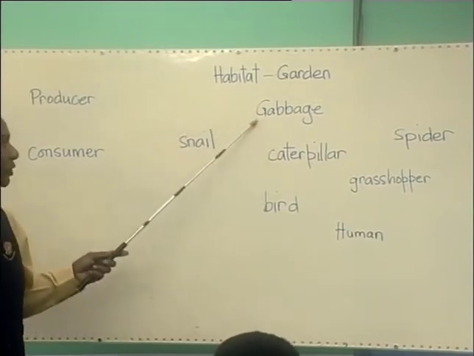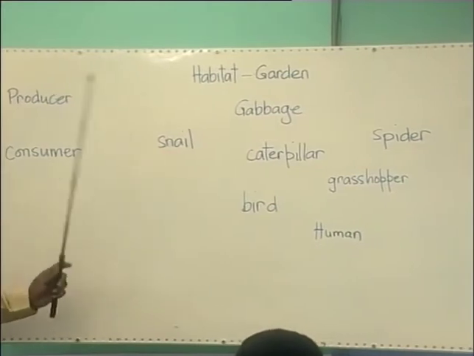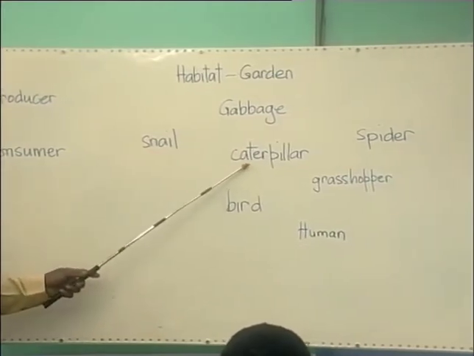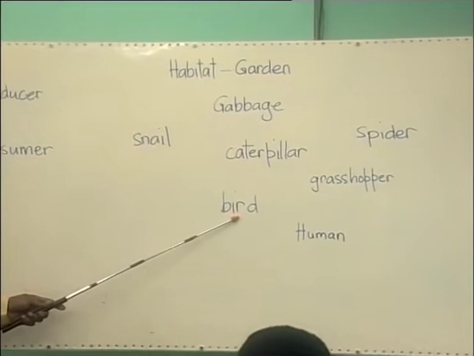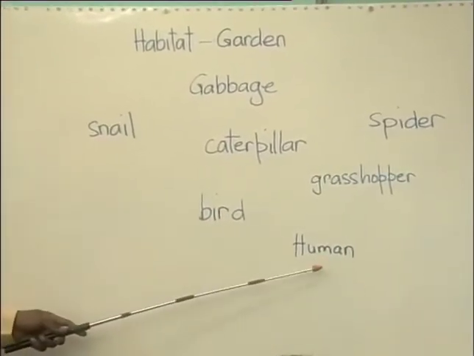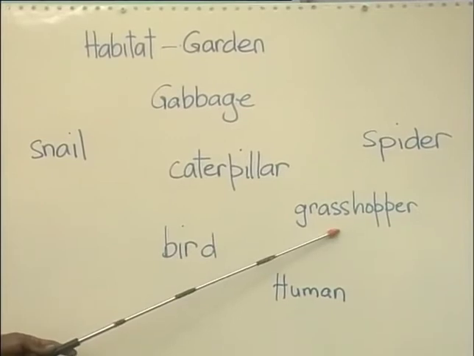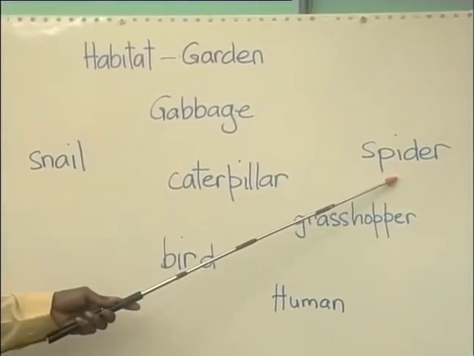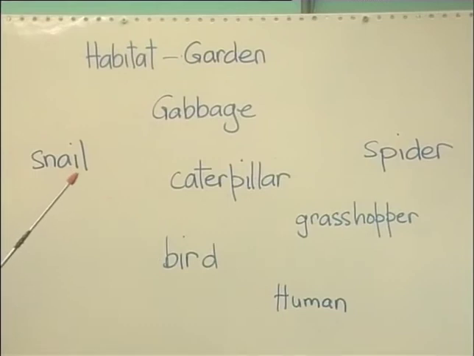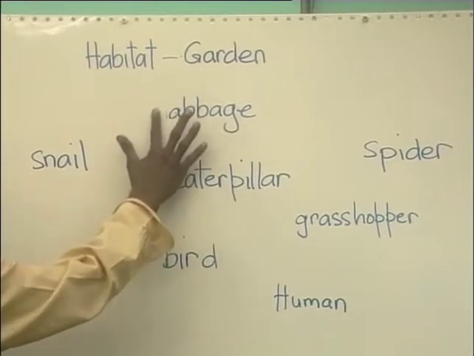We have cabbage, we have snail, we have caterpillar, bird, human, grasshopper, spider. Cabbage, sorry, C, not garbage.